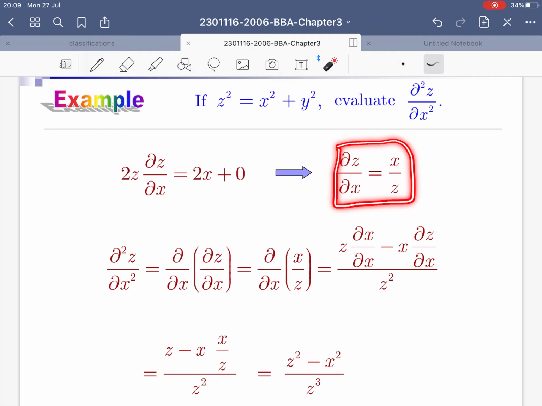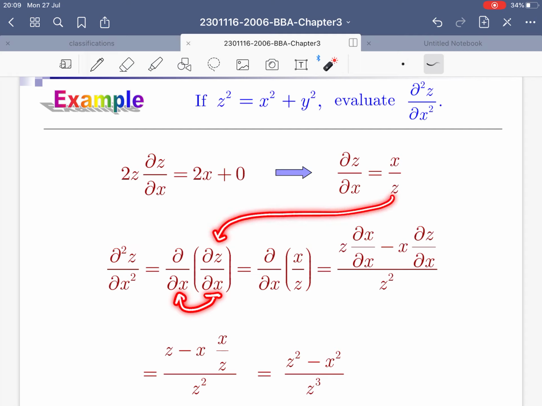If you need to take a further derivative with respect to x, it is the first derivative with respect to x followed by another derivative with respect to x. So you just pull the one that you did before. This is x over z.